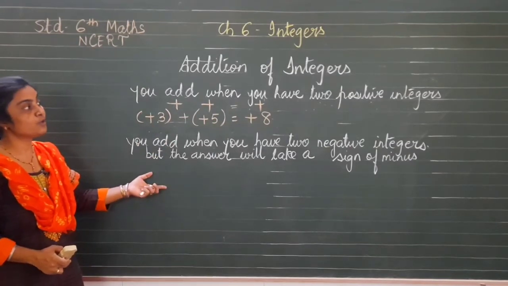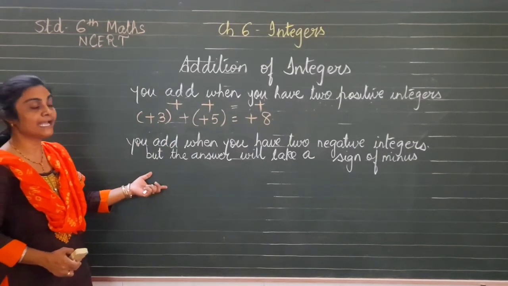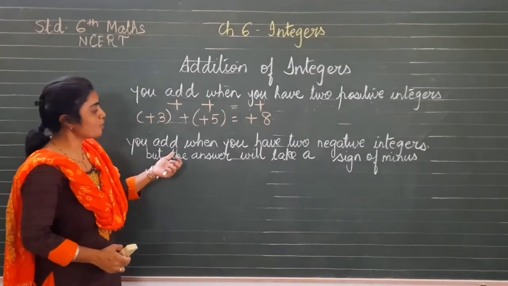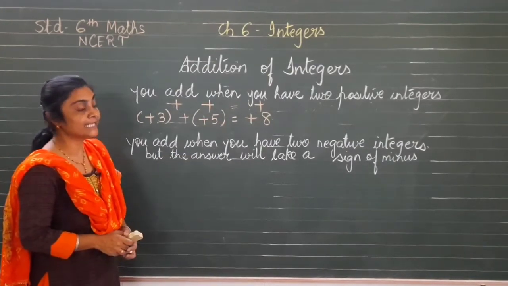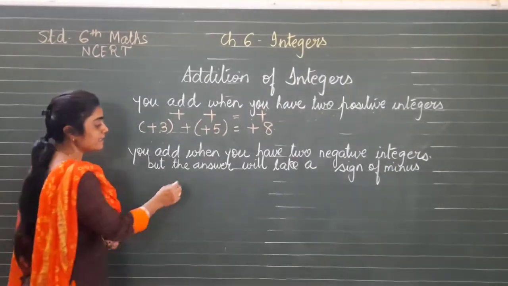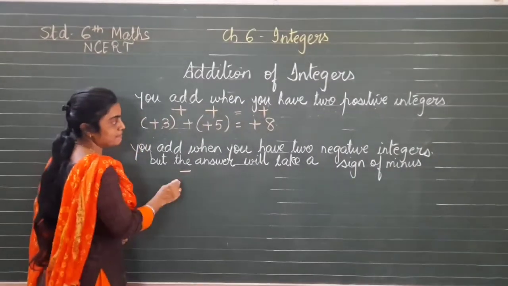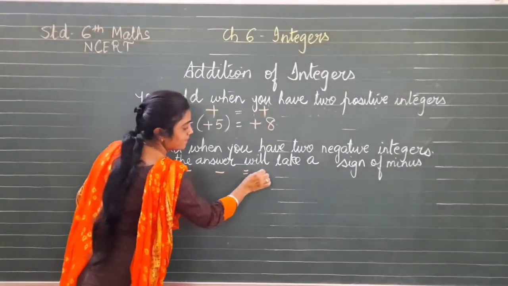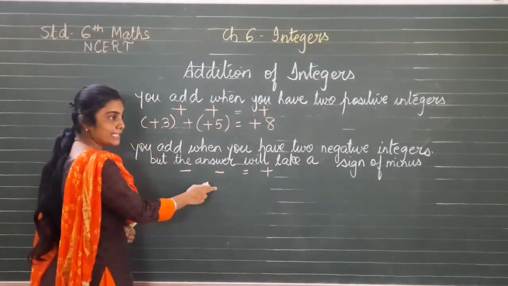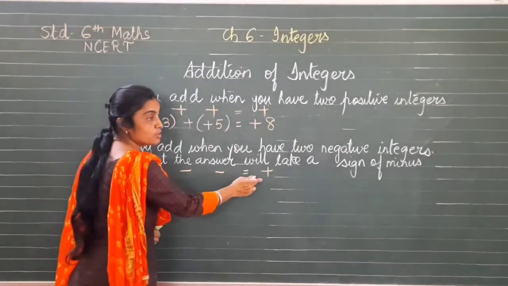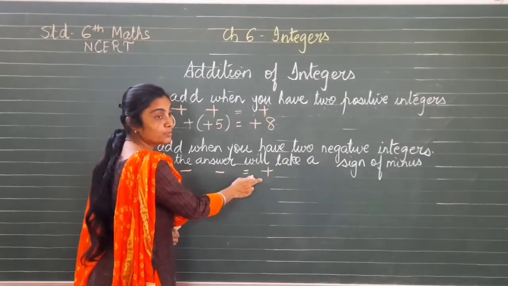Now let us have a look at the addition of two negative integers. You also add when you have two negative integers. If two negative integers are there, then also you have to do the addition.